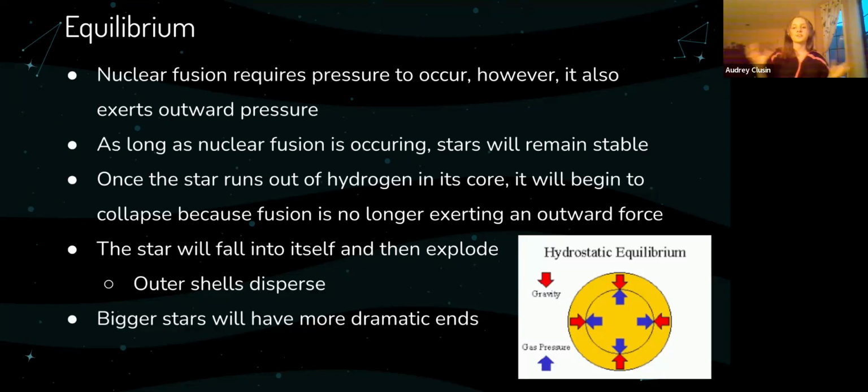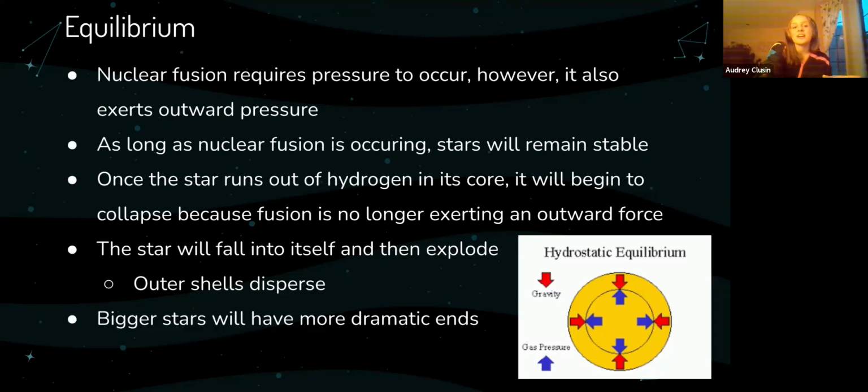Then the star will explode because all the mass collapses inward really quickly, but then it hits the core, which is solid, and it bounces outward, and that's what causes the explosion. The outer layers of the star collapse inward, they hit each other and they bounce outward, and this is what causes the explosion. So it's specifically the outer shell that is exploding into these really pretty colors.